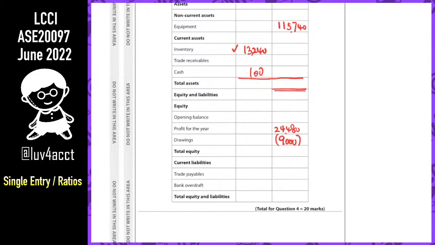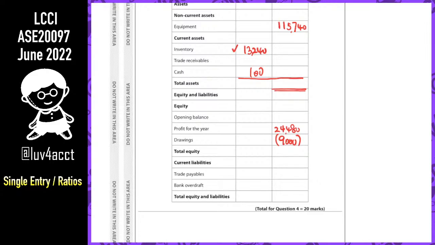Trade payables, bank overdraft. Actually we only have a few items left: opening equity, trade receivables, payables, and bank overdraft. For receivables and payables, the same things. We have opening balances.